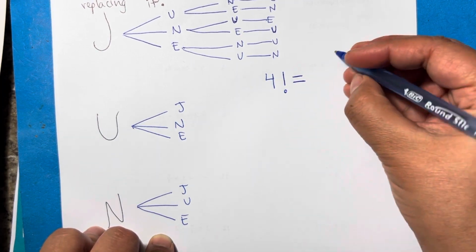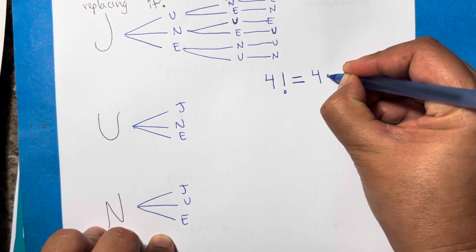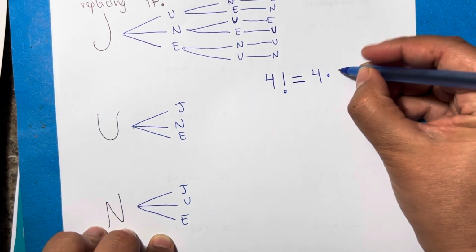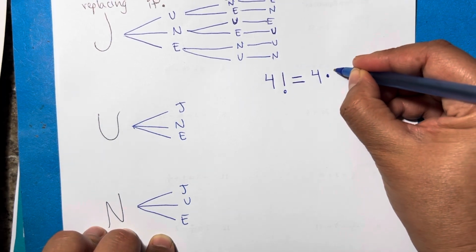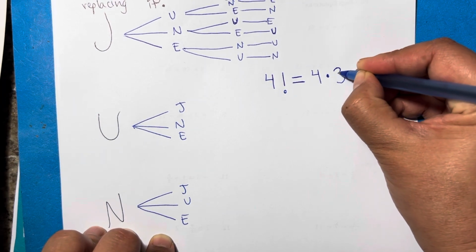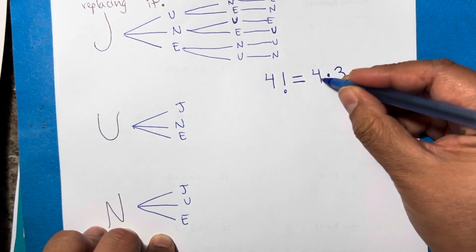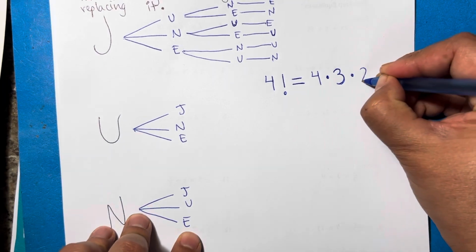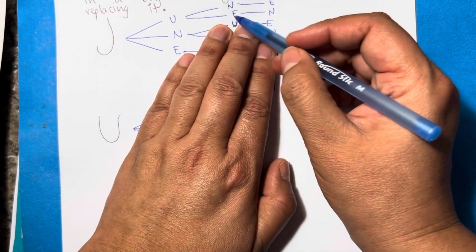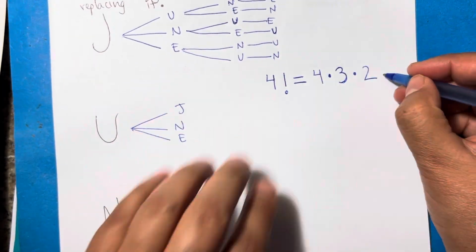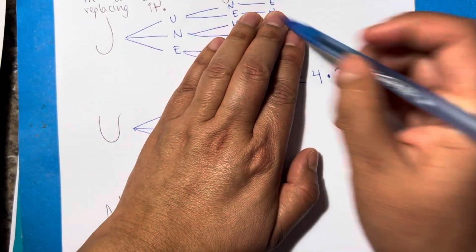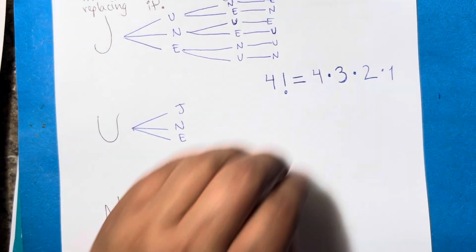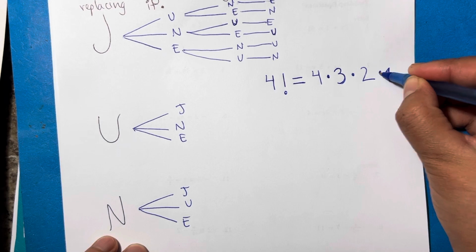What does that mean? It means it starts with that number and then multiplying by the descending numbers before that. So 4 times 3, which is this 3, times 2, which is this 2, times 1, which is that one choice that you have at the end or in the bag.